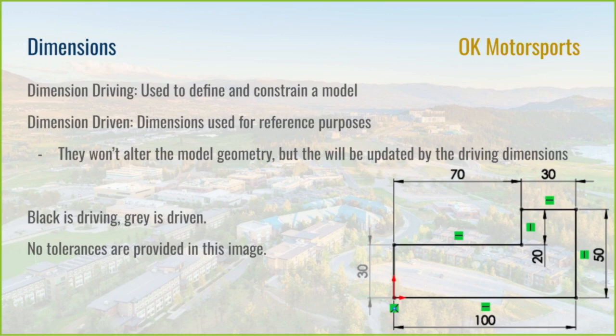So when I define it, I say 100 is the driving dimension, that line will be 100, and things based off of it will know that that line is absolute, it is a driving dimension, it is how I'm going to define my model. A driven dimension is a dimension which is true. You don't necessarily need to do this, but it is correct because the other ones are correct.